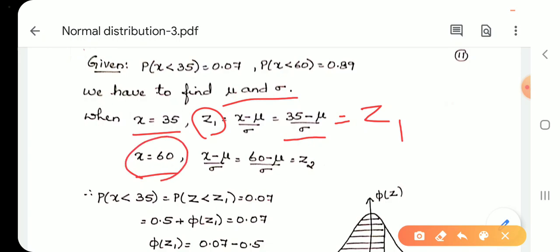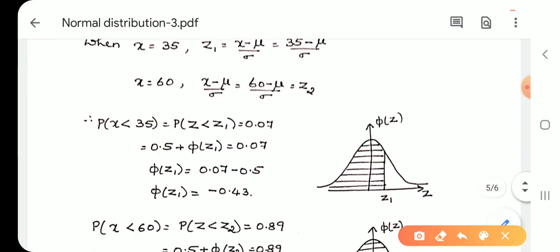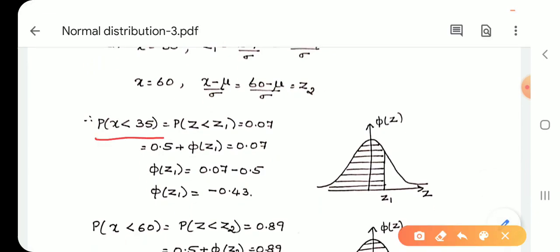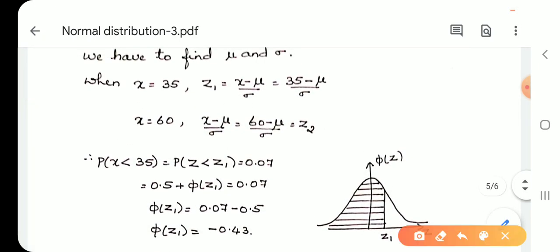When x is 60, 60 minus mu by sigma, we will take the corresponding value of z to be z2. So p of x less than 35 can be written as p of z less than z1. The value is already given as 0.07.